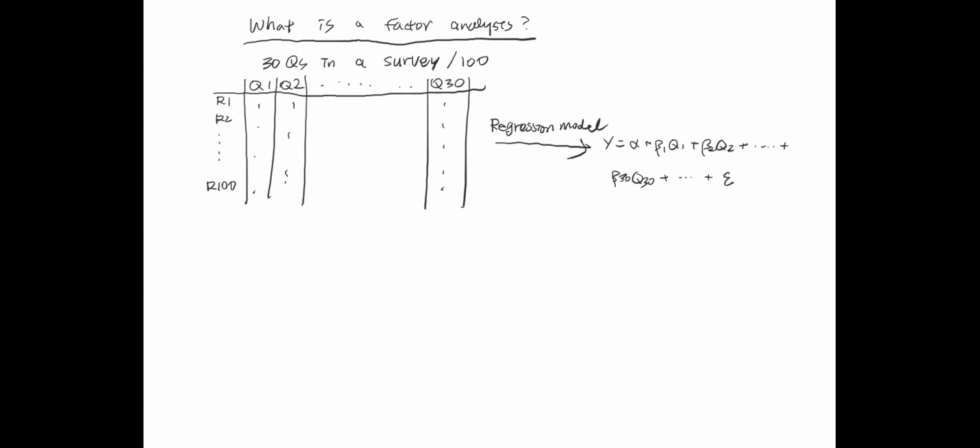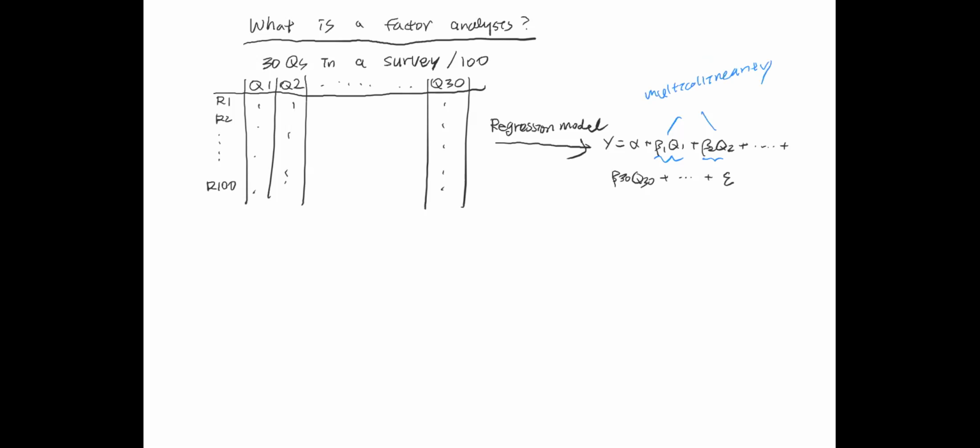Then we learned the multicollinearity issue, right? What if two variables are collinear, so there's a high correlation between those two variables? When those two variables are highly correlated, then we have this problem, multicollinearity, and we don't like to see multicollinearity in the model.